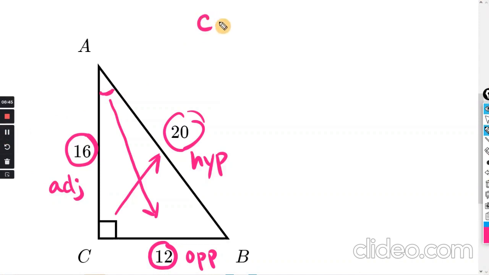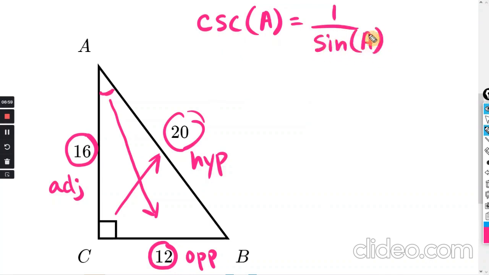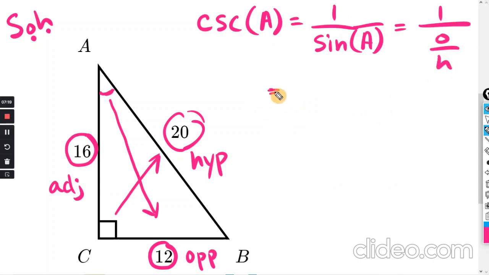They asked us for the cosecant of angle A. We said in the beginning the cosecant is the reciprocal of the sine function, so it's going to be 1 over the sine of angle A. If you remember SOH CAH TOA, sine is opposite over hypotenuse. So we have 1 divided by opposite over hypotenuse. 1 divided by a fraction, you just take the reciprocal of that fraction.